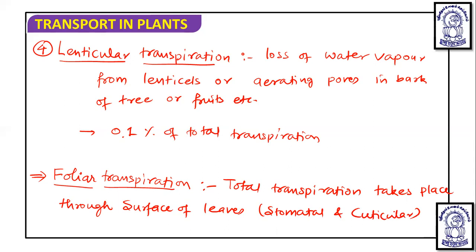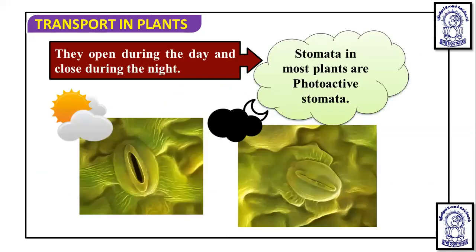Whatever transpiration occurs through the leaf, because cuticle and stomata are parts of the leaves, is known as foliar transpiration. Okay, so these are all the different types of transpiration.